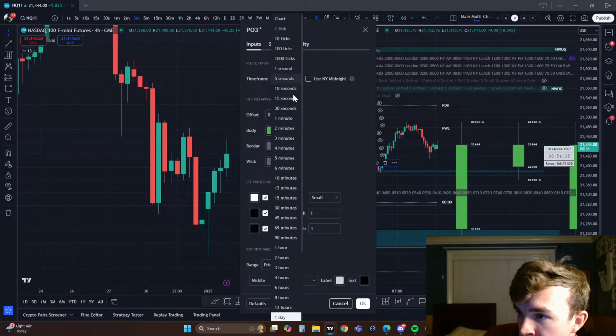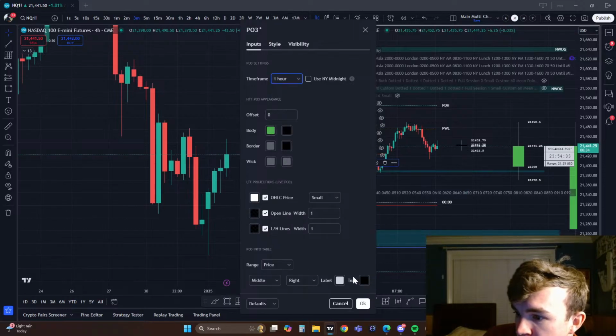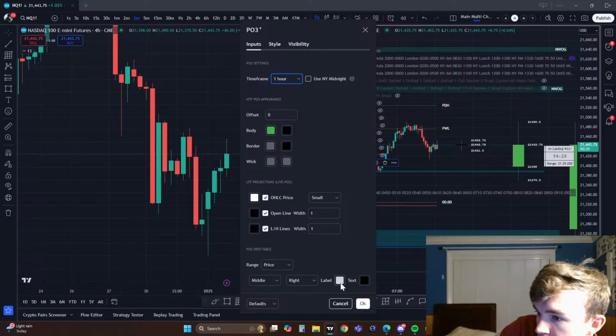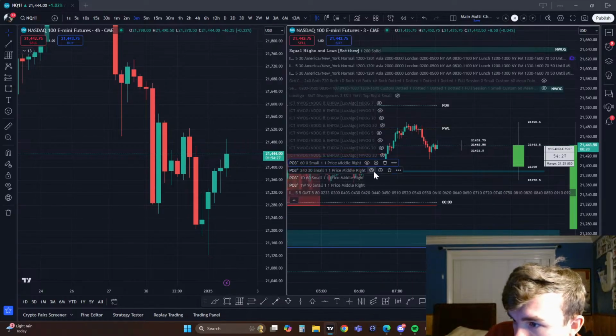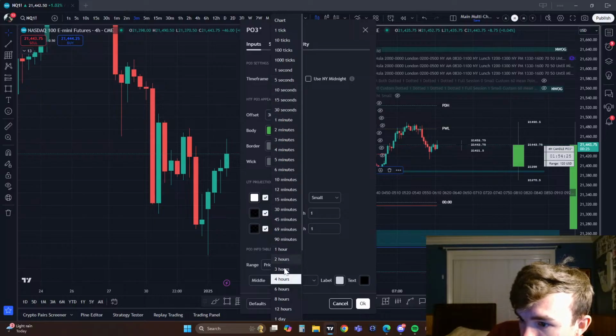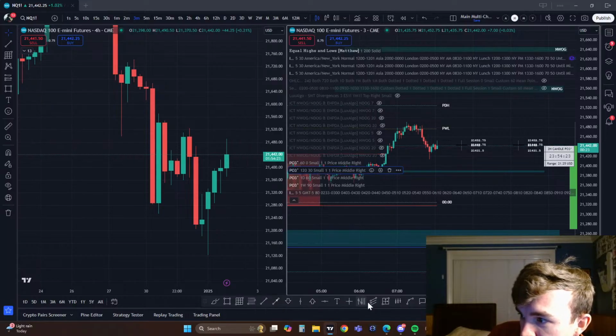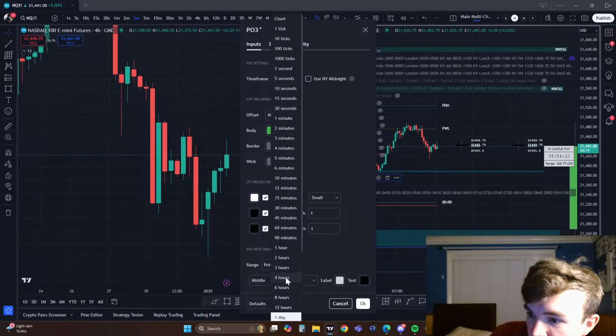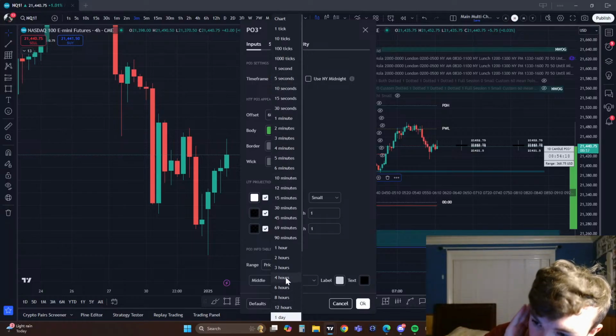So this is wrong. I want this to be the 1 hour candle. Okay. This is just gonna take a while to set up, guys, but I'm actually showing you my screen so you can see what exists on my other screen while I'm trading.